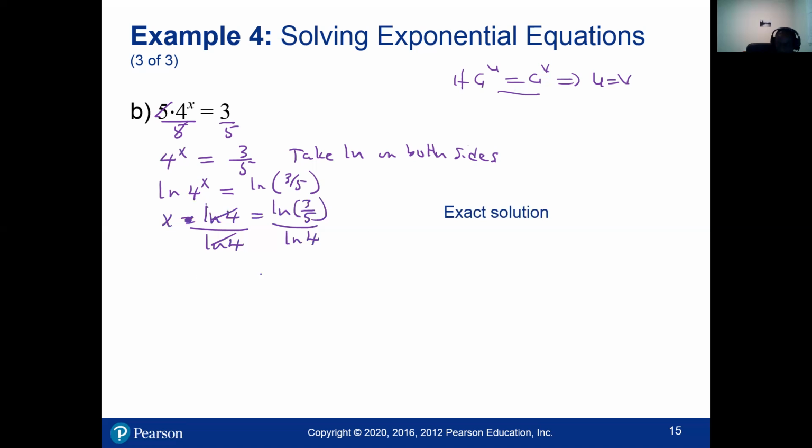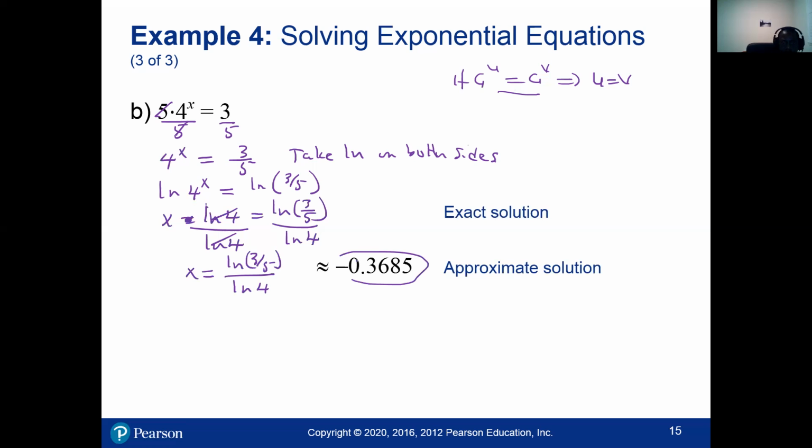So x is equal to the natural log of 3 over 5 divided by natural log of 4, and approximately that equals negative 0.3685 to 4 decimal places.